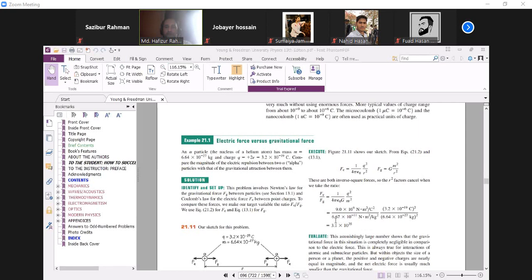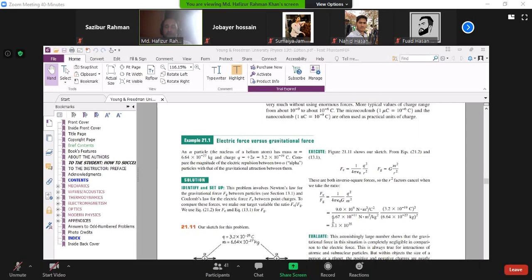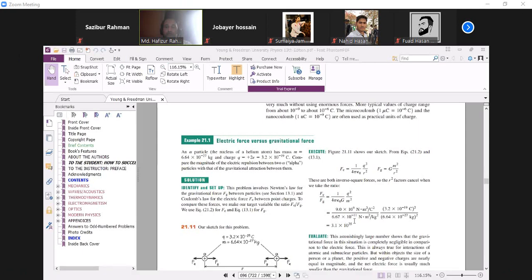And G you know from the chapter on gravitation, 6.67 into 10 to the power minus 11 Newton meter square per kilogram square. Now after calculation, the ratio will be 3.1 into 10 to the power 35. So this will be the answer.